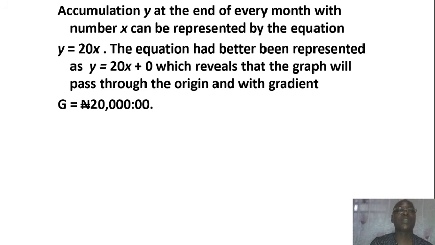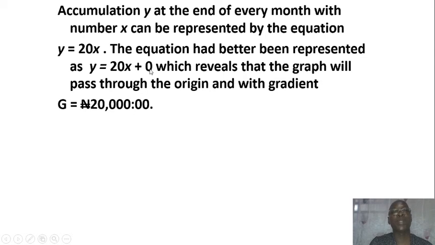What do we understand? We understand that the relationship is that the accumulation, remember I was multiplying by 20, will be given as y equal to 20x, meaning accumulation is equal to 20 times the number of months. It can still equally be written as y equal to 20x plus 0. This 0 is the intercept, showing that the graph will pass through the origin.